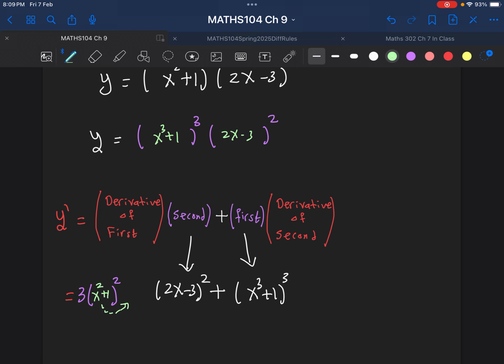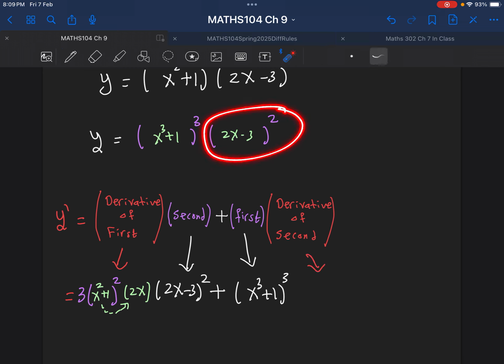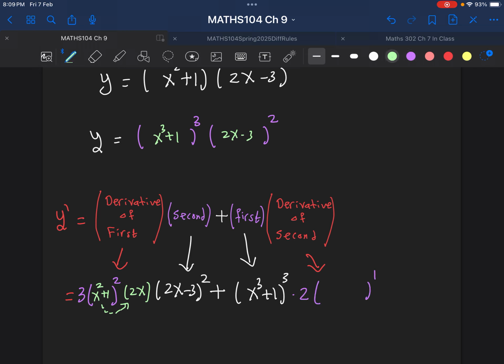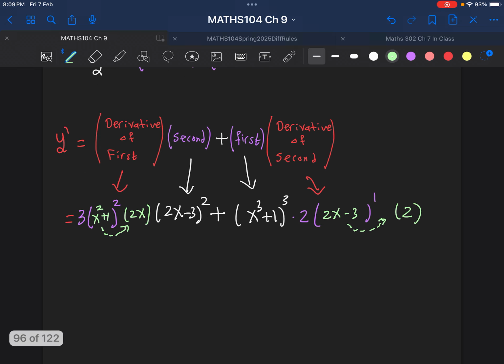And then we find the derivative of x squared, which will be 2x. This is the derivative of the first. What is the derivative of the second? Again, this is the second function, so it will be 2 to the power of 1. We keep the inner, 2x minus 3, times the derivative of the inside, which is 2.